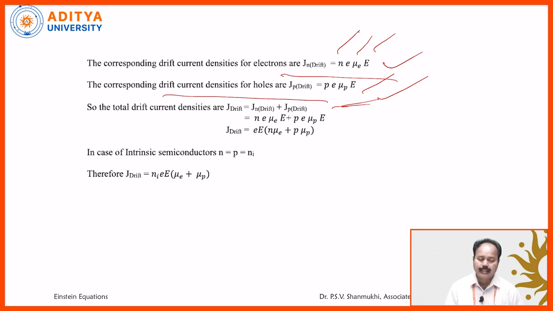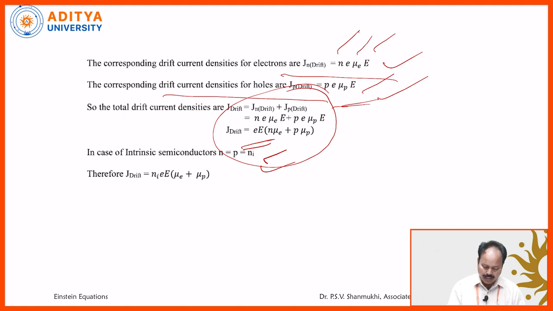Suppose in a semiconductor the current is due to both electrons and holes, say in an intrinsic semiconductor. The total current density can be written as J drift is equal to Jn drift plus Jp drift, that is N e mu e into E plus P e mu h into E, or else we can write e into E taken out, N mu e plus P mu h. Generally in an intrinsic semiconductor, at any temperature other than 0 Kelvin, the number of electrons is equal to the number of holes, N is equal to P is equal to Ni, the intrinsic carrier density.